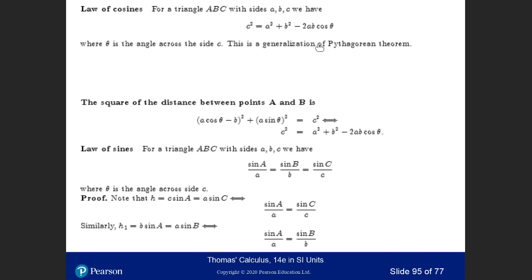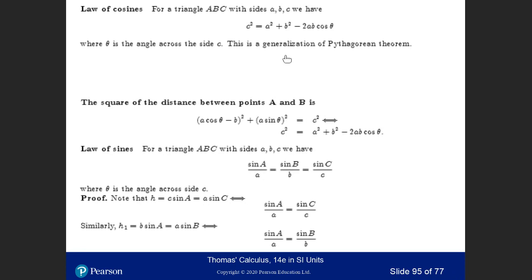So that's a generalization of the Pythagorean theorem, because when theta is 90 degrees, this term is 0, so you get c squared is equal to a squared plus b squared, where c is the hypotenuse, and a and b are the other sides which are perpendicular.